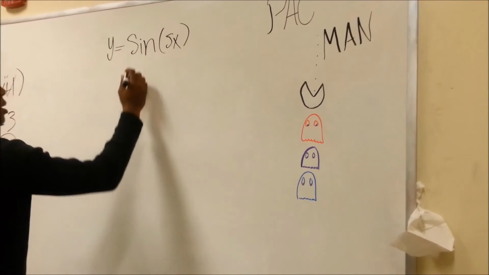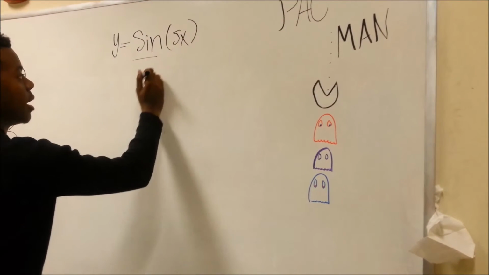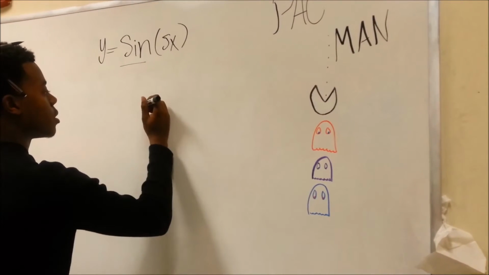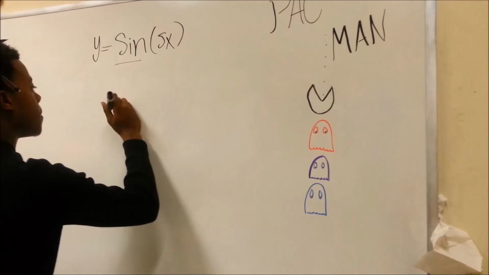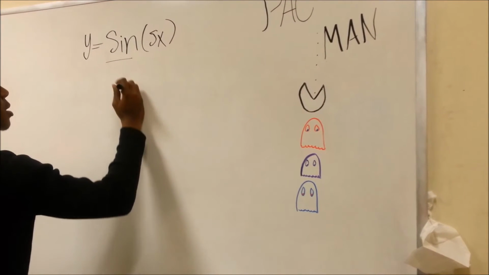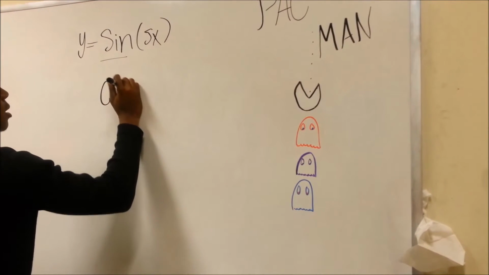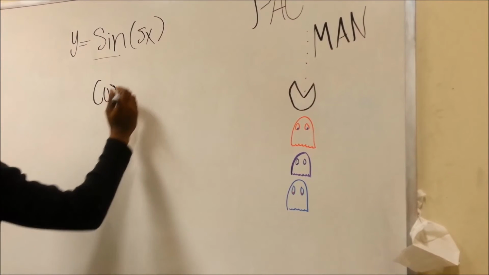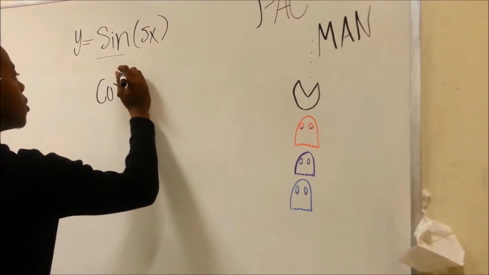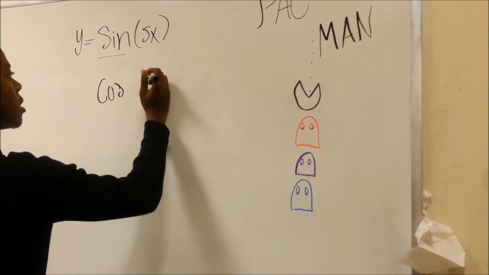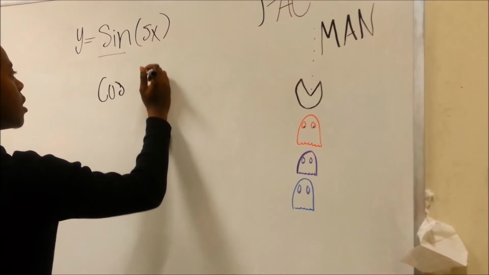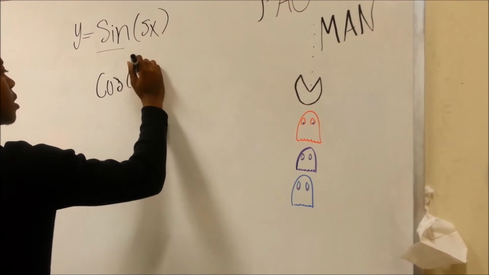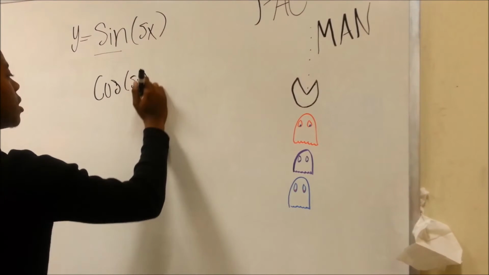So what we have here is the outside, which is sine. What we're going to do there is find the derivative of that, which is simply cosine. After that, we take the 5x and add it on the end.